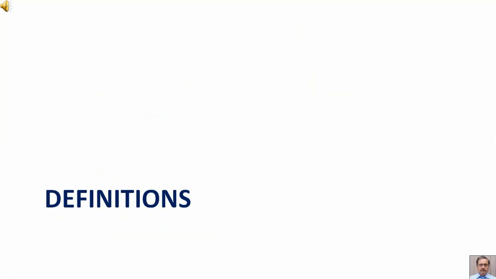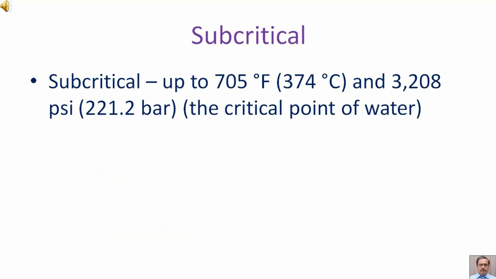Definitions: subcritical, up to 705 degrees Fahrenheit, that is 374 degrees centigrade, and 3208 psi, 221.2 bar, the critical point of water.